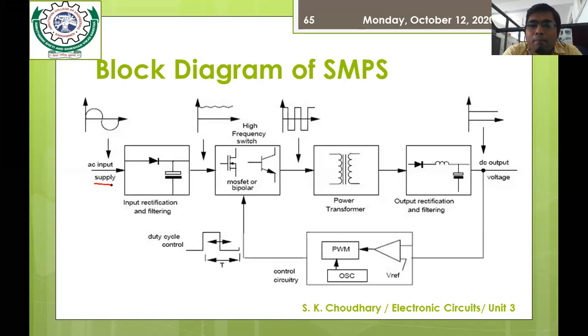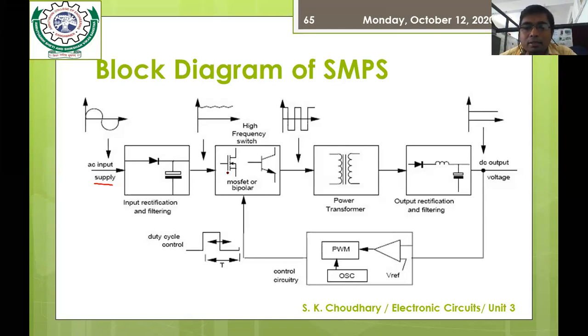rectified DC output. A little bit of ripple could be present there. This rectified and filtered DC signal is given to the input of the switching device, which are high frequency switching devices.